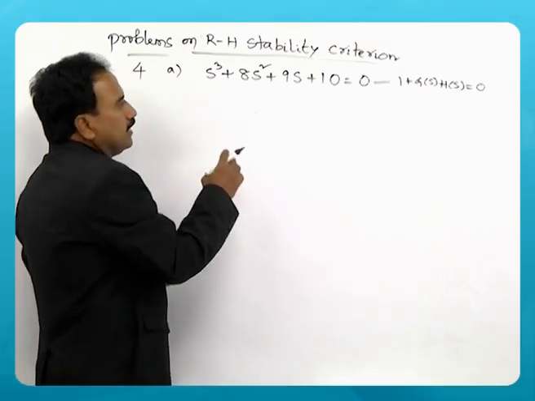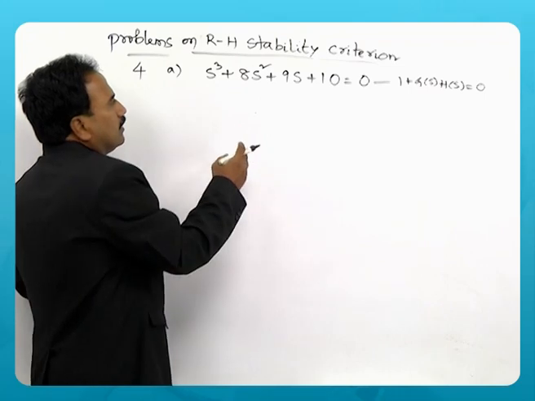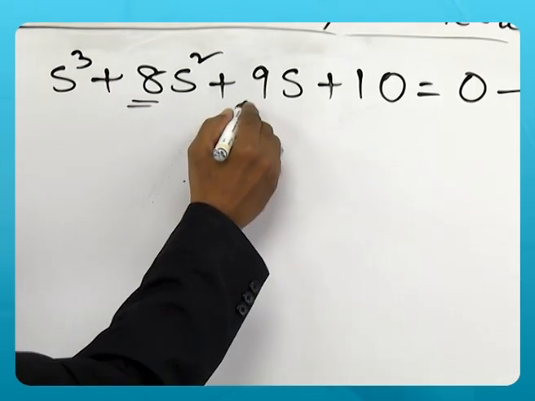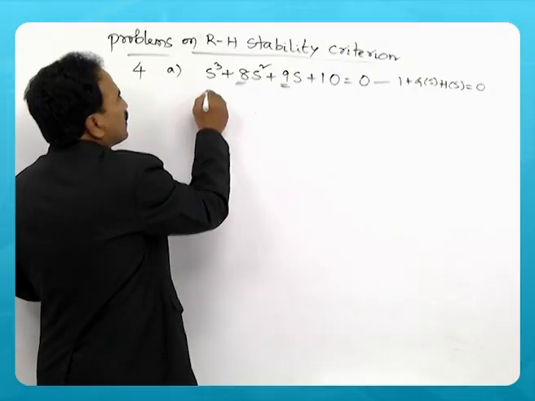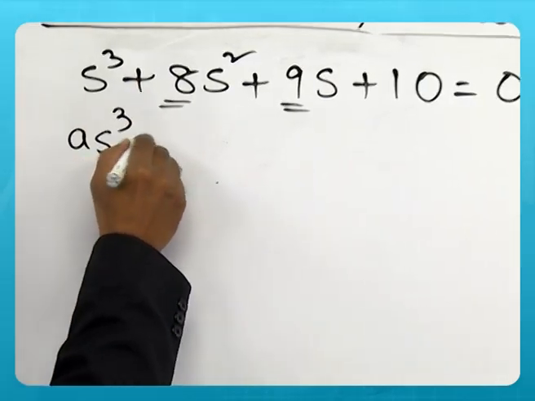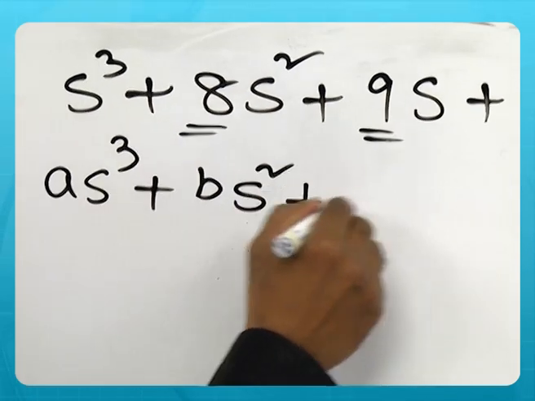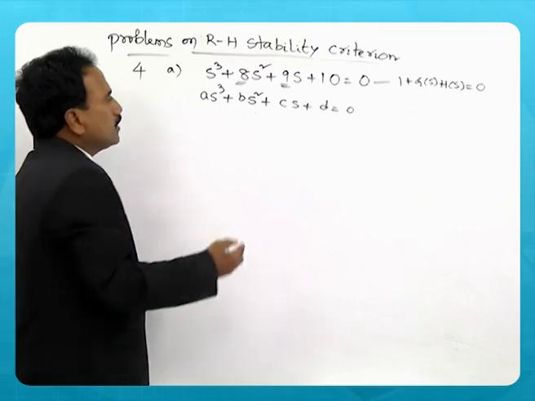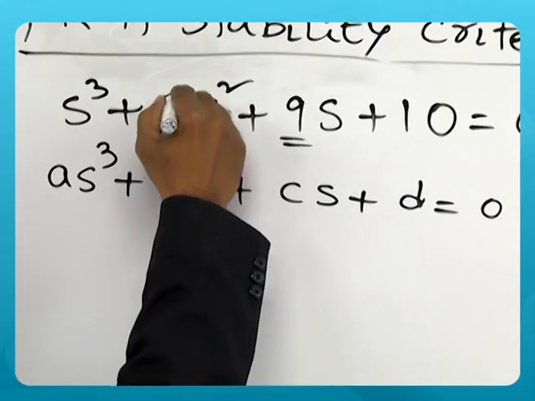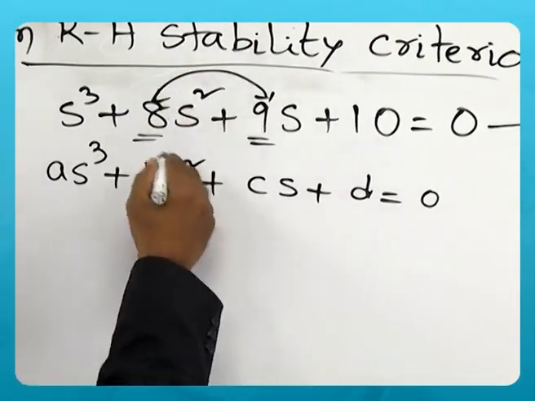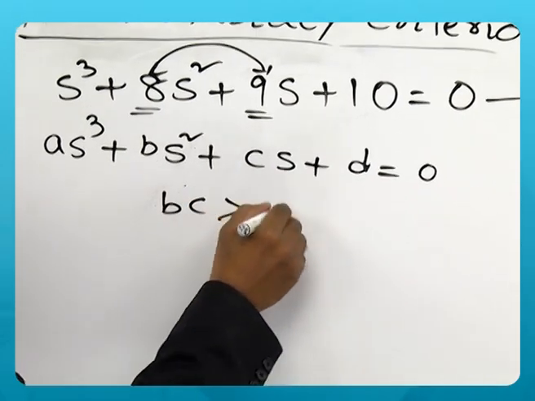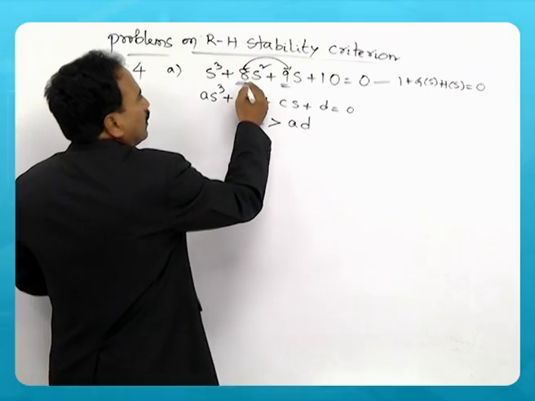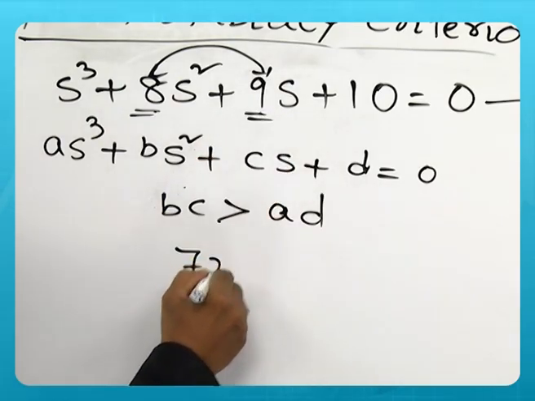Now as I indicated in the previous example, you need not create the Routh table, just look at the coefficients of this one. You can just compare this with as cube plus bs square plus cs plus d equal to 0. So for stability, this product of these two, that is called bc, must be greater than ad for the system to be stable. So 9 8s are 72, that is bc.